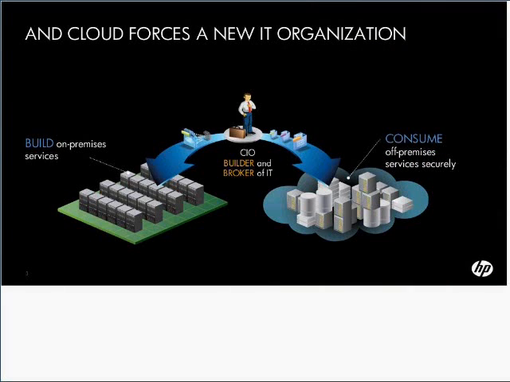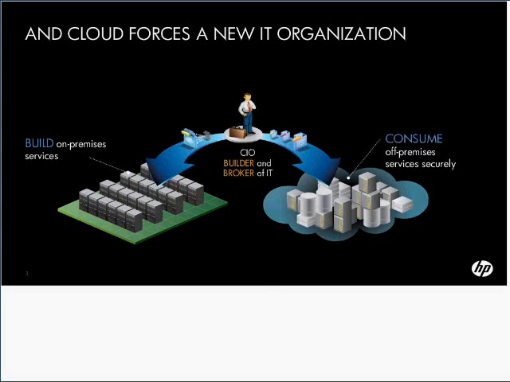And because of that, cloud is a forcing function for IT, and it's going to force a shift from the CIO and his team being custodians of assets to the corporation, like assets being applications, information, infrastructure, to the CIO and his team becoming the builder and broker of services, IT services, or business services to the enterprise.